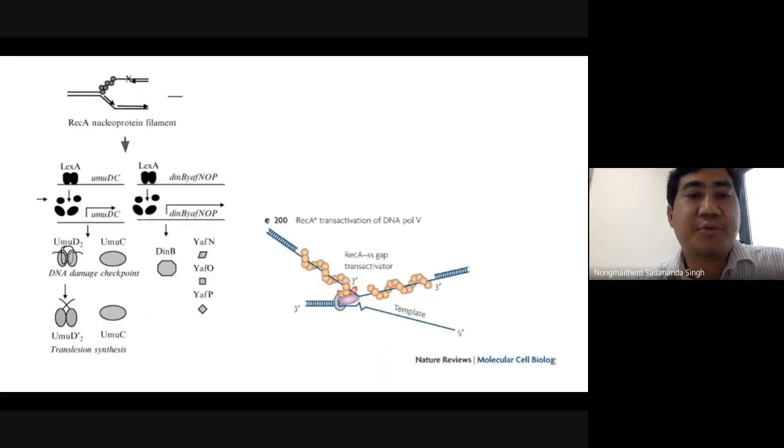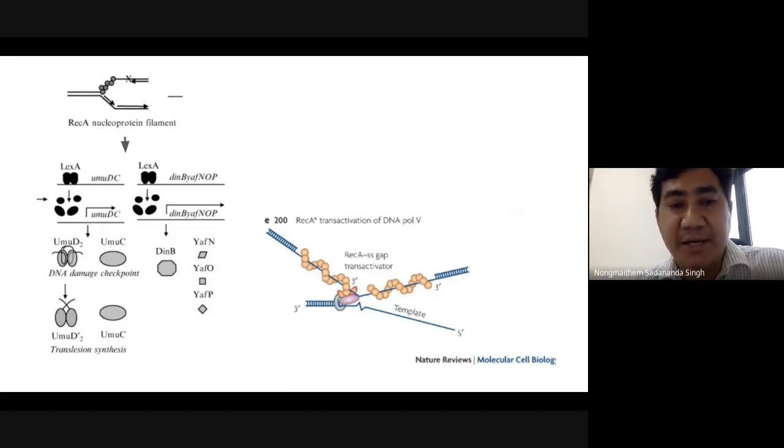So what we have seen here is that RecA filament formation cleaves the LexA, which has been repressing the UmuDC and DinB locus, and once it is cleaved, the UmuDC and DinB are expressed and bring about a lot of different types of regulation.